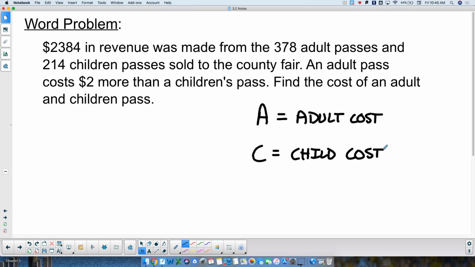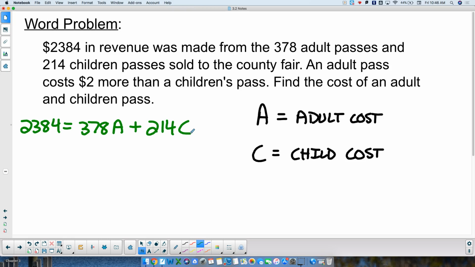$2,384 in revenue was made from 378 adult passes and 214 children's passes sold. So to me that says 2,384 is equal to 378 adult passes and 214 children's passes. Number of tickets sold times the cost per ticket gets you how much money you brought in.